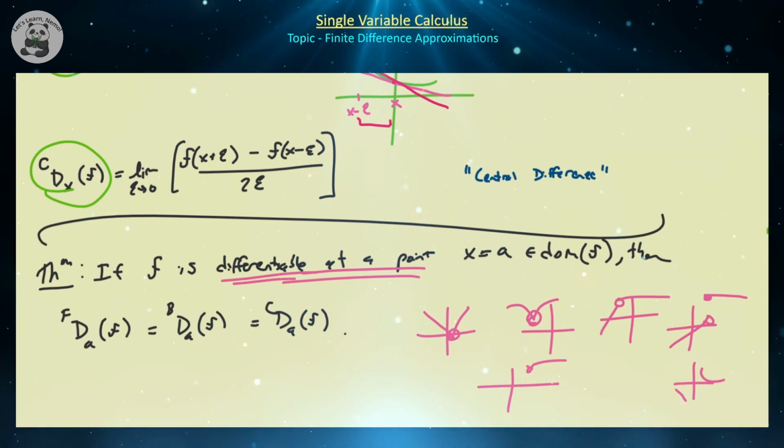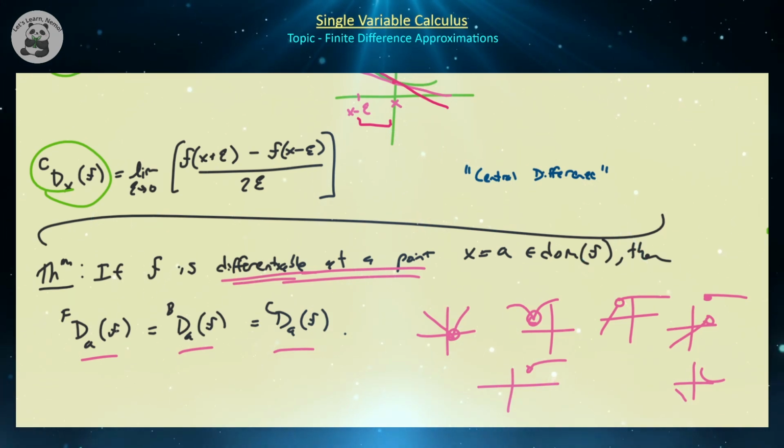As long as you do not fall into one of these categories, in most scenarios we say that f is differentiable at that point a, and one can show that these derivative definitions all produce the same value, assuming that, again, it is differentiable there.